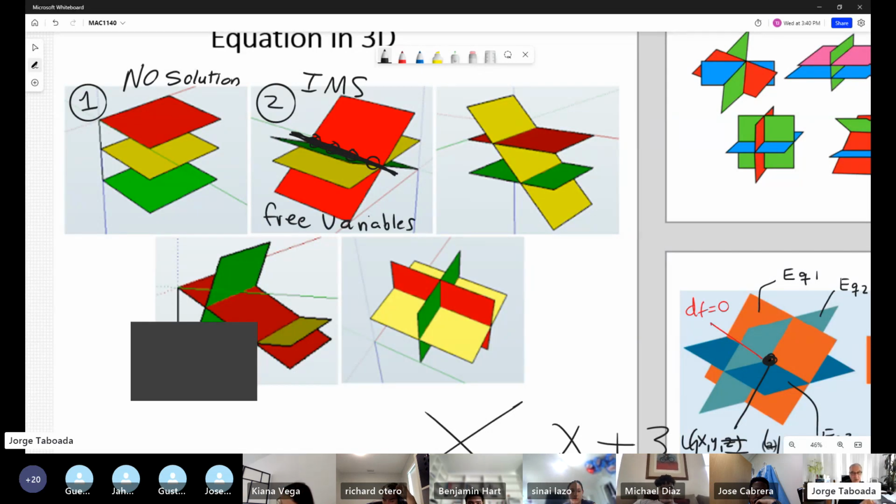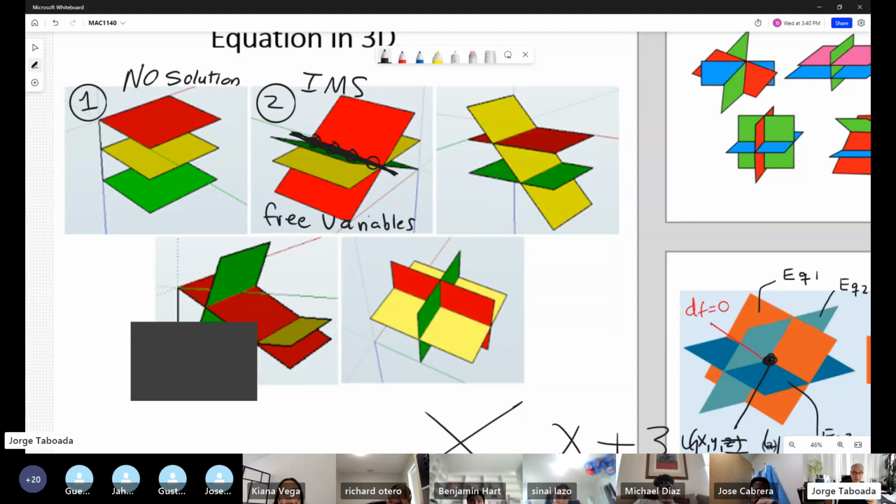Okay. To understand this, do you see, using your eyes, not mathematically, that the solution represents a line? Yes or no? A line. Okay, yes.